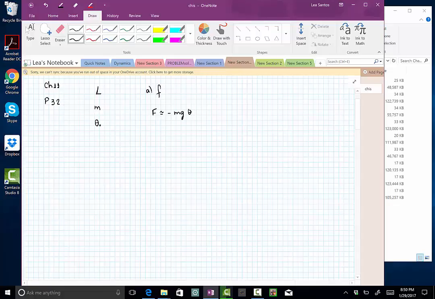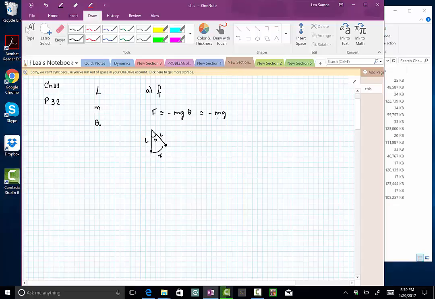Remember what we said in class: when we are playing with the pendulum, the force is written like this in terms of the angle, or we can also think of it like this. This is the angle, this is the arc x, and this is the length of the pendulum. So I can also write this as minus mg.